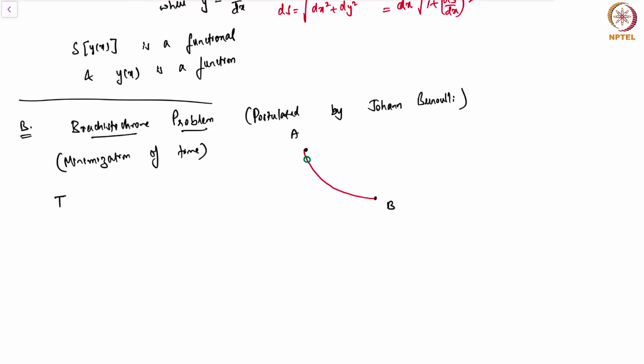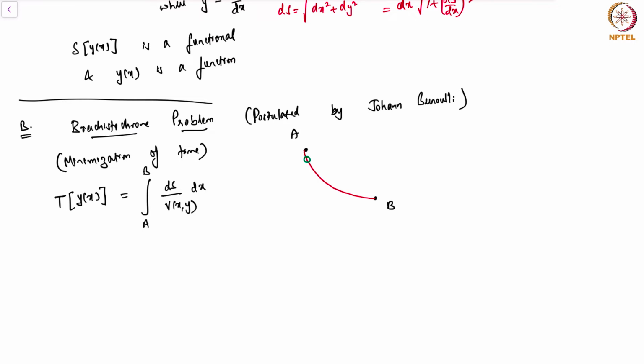So how do we do this? We say the time, again, now time is the functional. It depends on the unknown shape of the string that is connecting A to B. And if we want to minimize the time, we have to go from A to B, ds over V. This is again V of x, or V of x comma y rather.